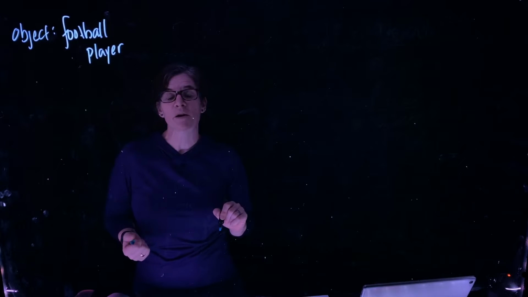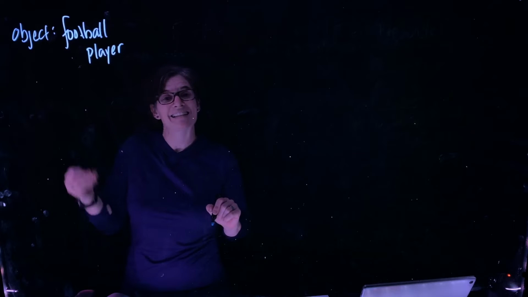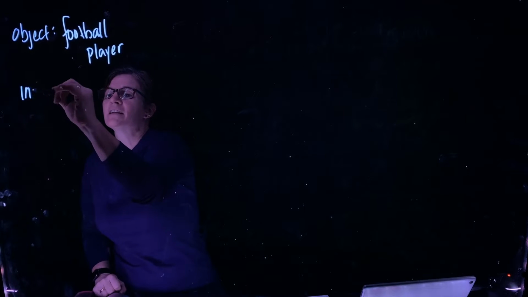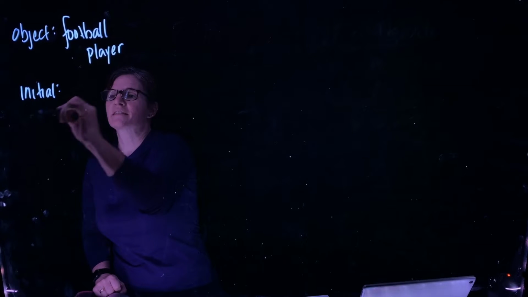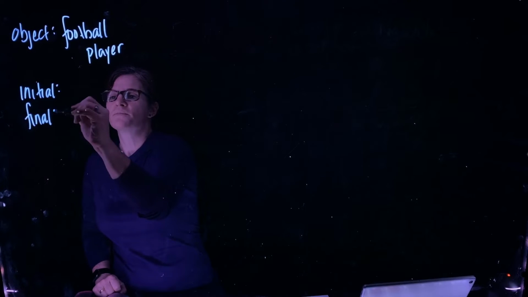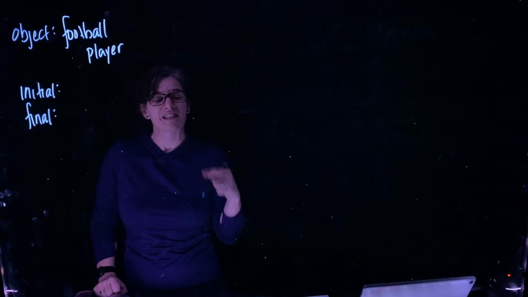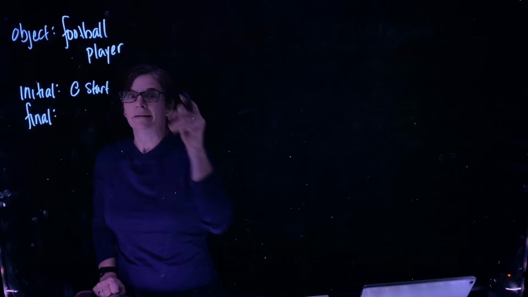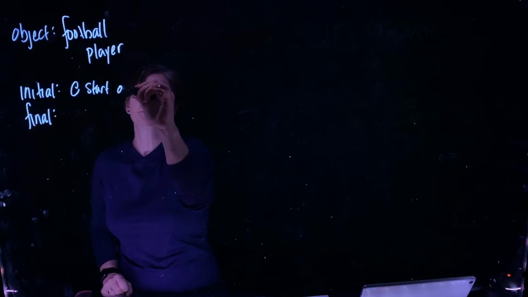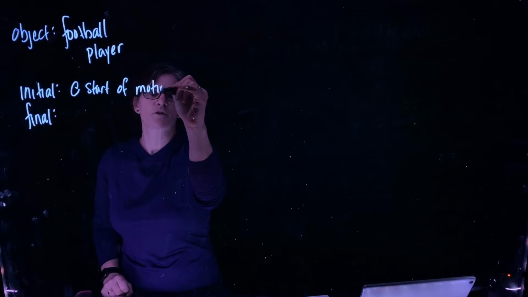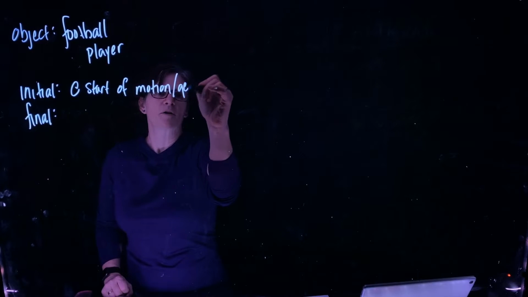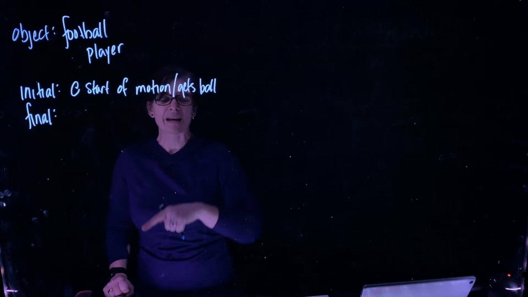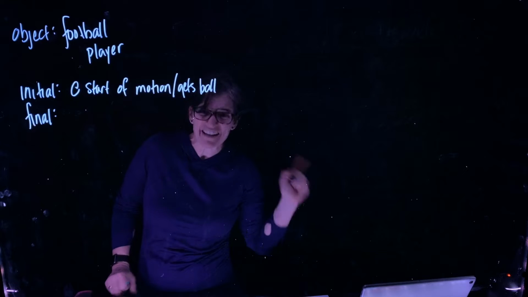Now for the first part of the question, we're interested in the average velocity during each section, and our second part asks about the overall. Initially, we're interested in the start of the field, when he gets the ball and starts running, and what happens when he finishes running.